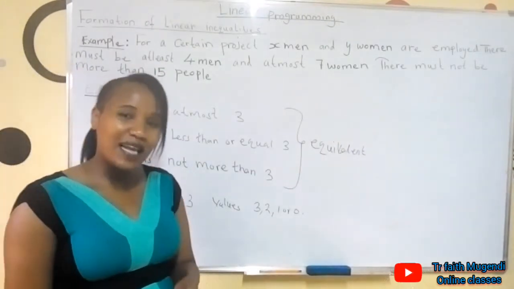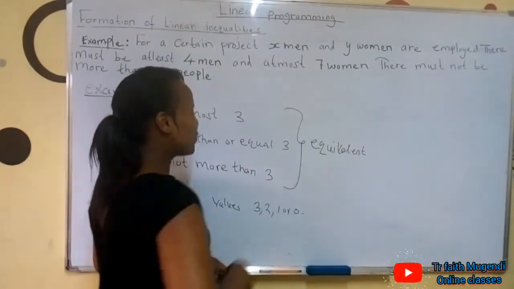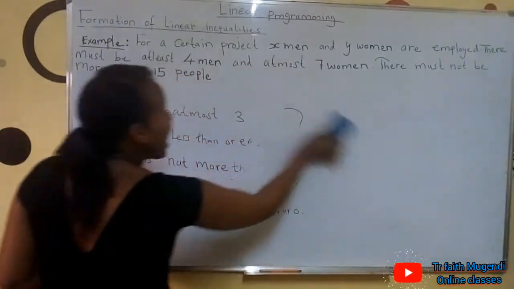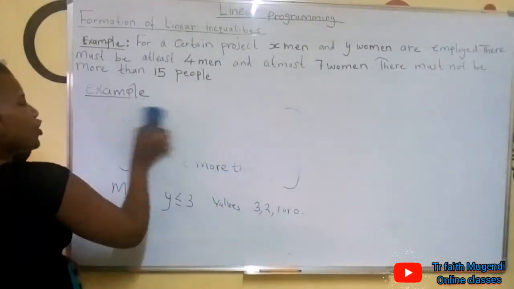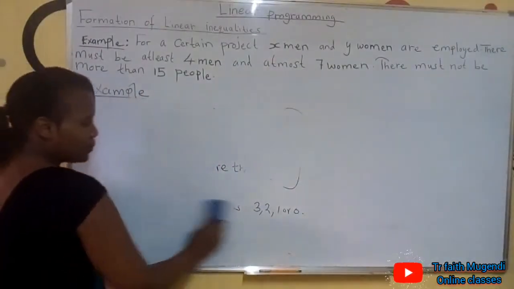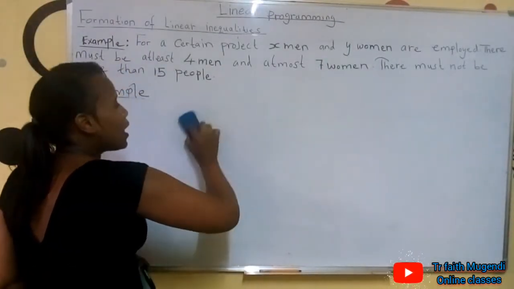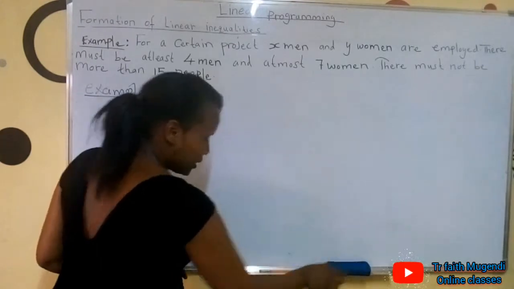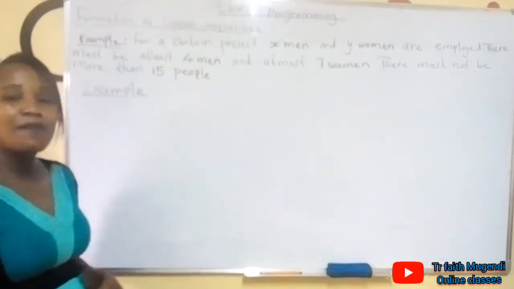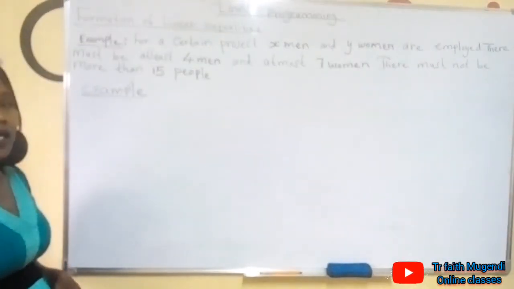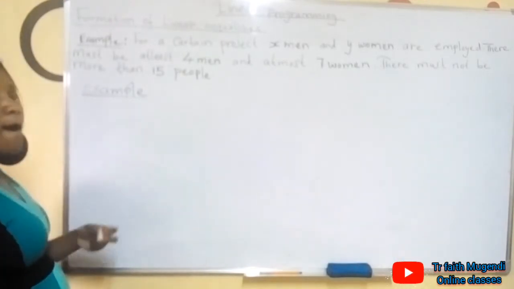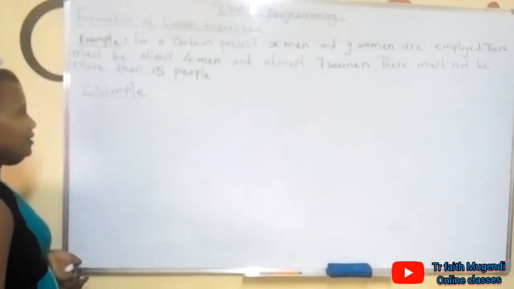Golden tip number 3 that you need to know and understand, and it should be at your fingertips for you to be able to form linear inequalities in linear programming, is about more than and less than.